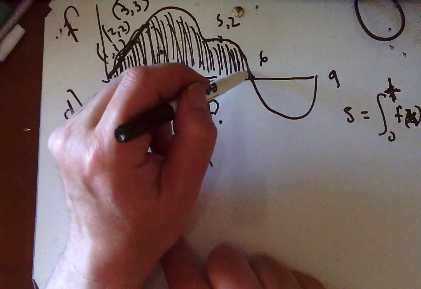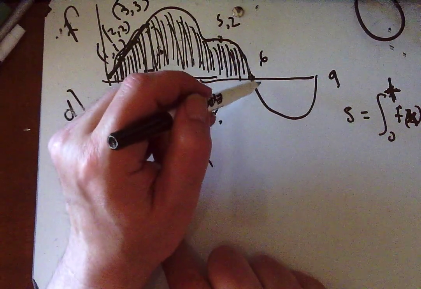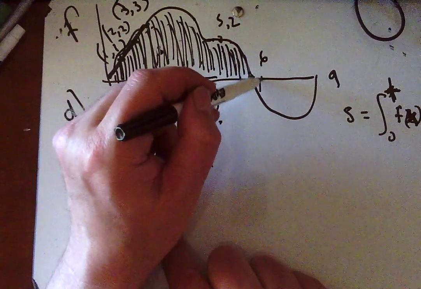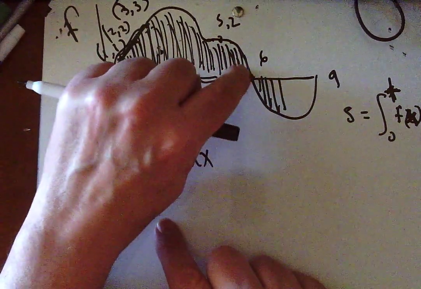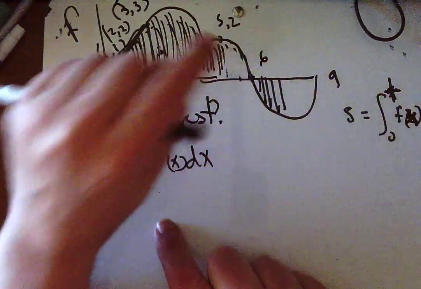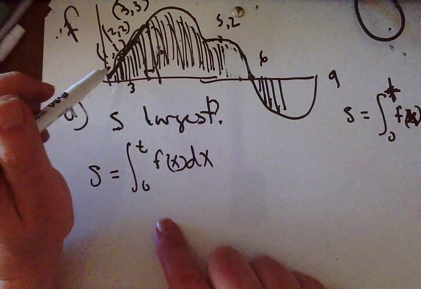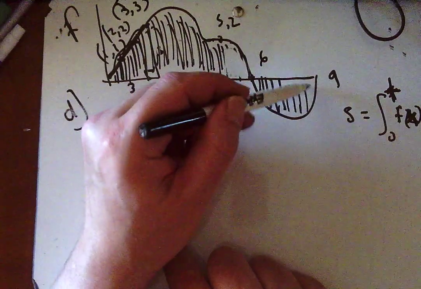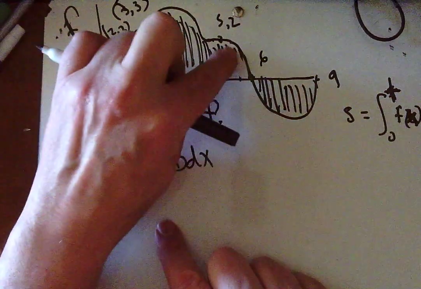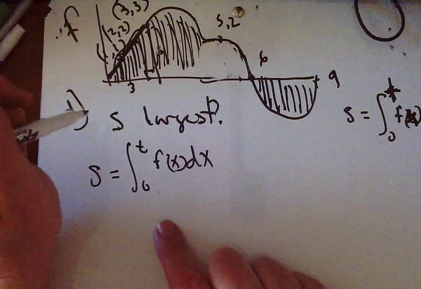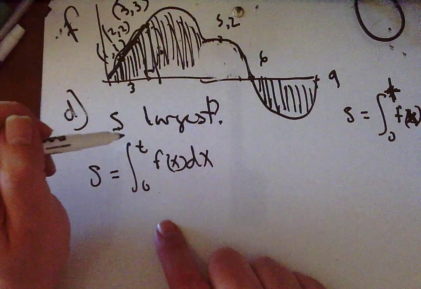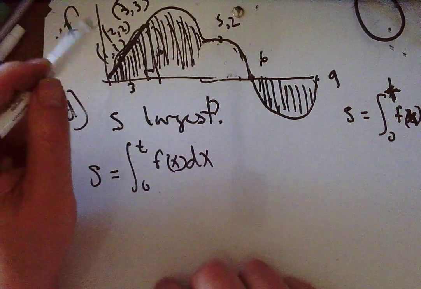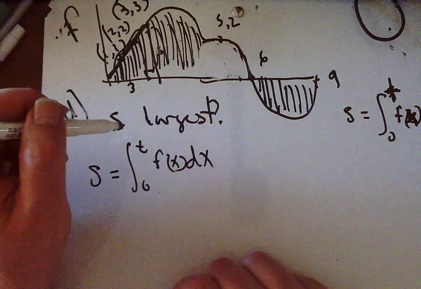What happens after 6? Well, these are negatives now. And these negatives are going to start nibbling away at all the positiveness that I had over here. And by the time I get over here to 9, I've nibbled away at a whole bunch. So now I have much less than I had at 6. So, yeah, I think 6.